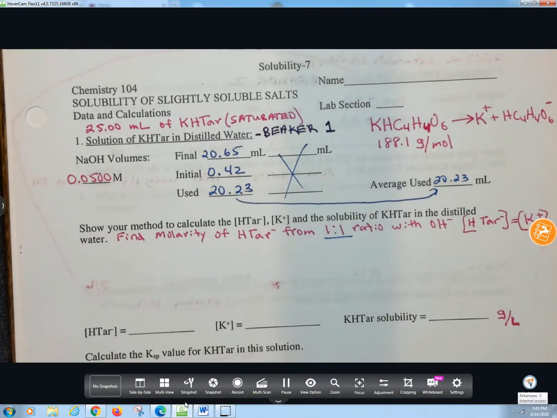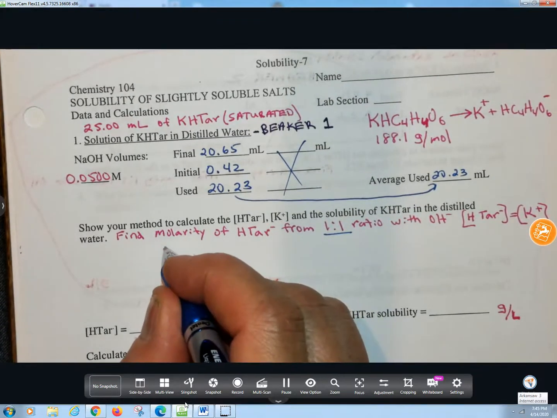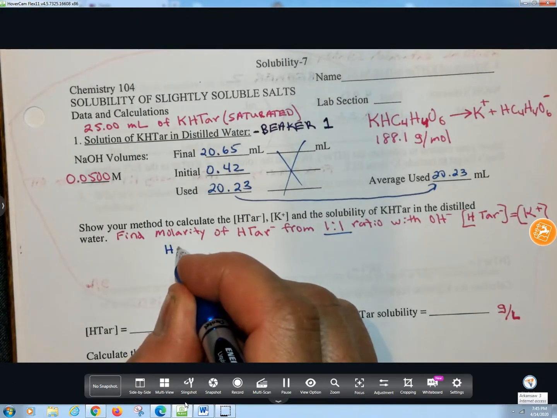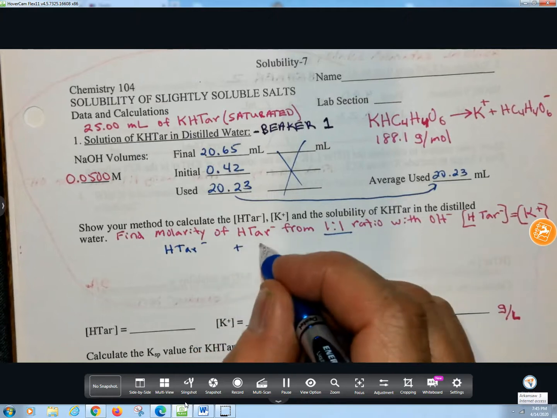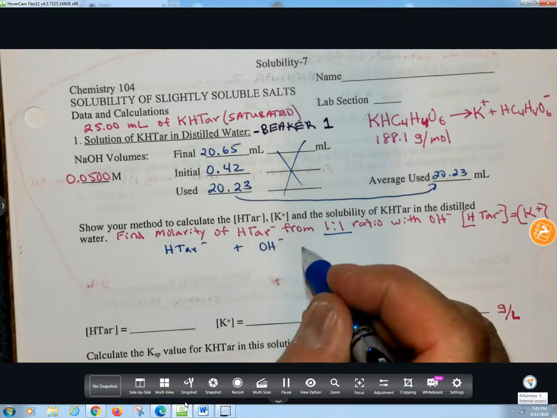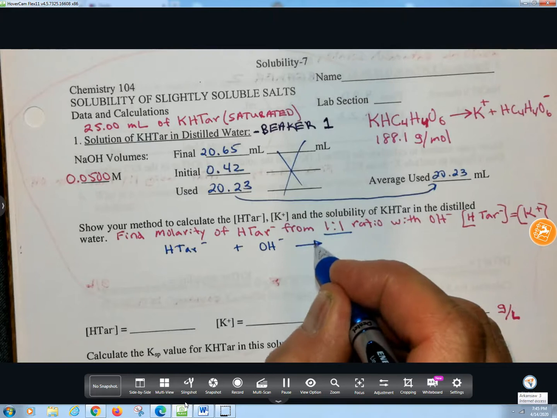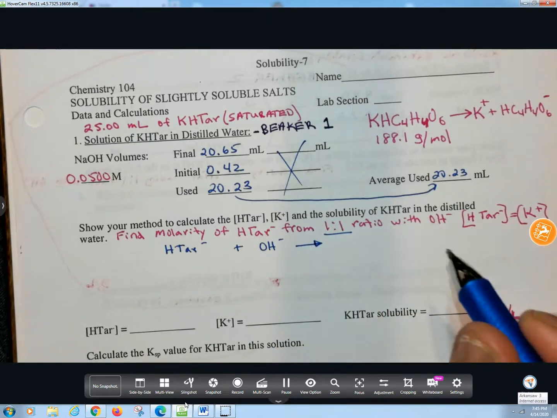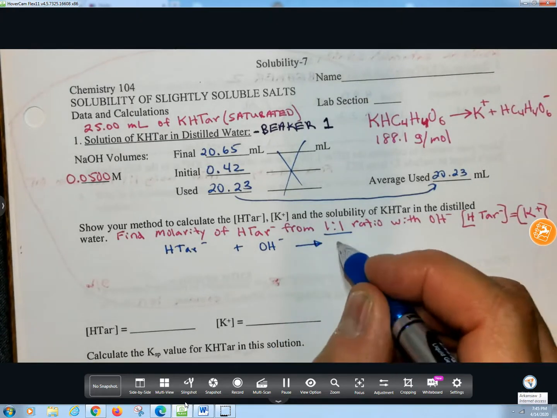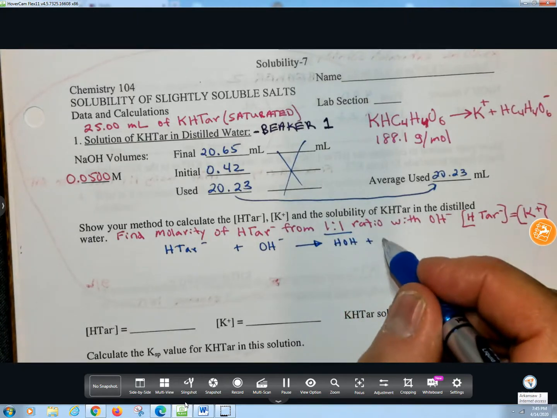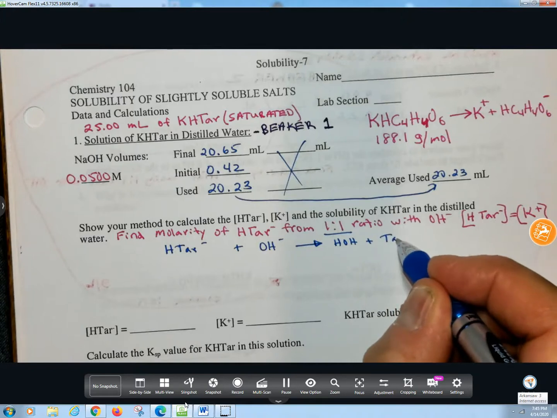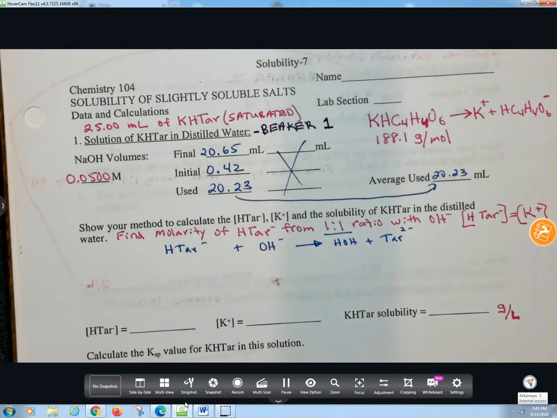So I know that for my equation, I have hydrogen tartrate plus hydroxide ion, and this is going to give us water, of course, HOH, plus our tartrate 2- ion.